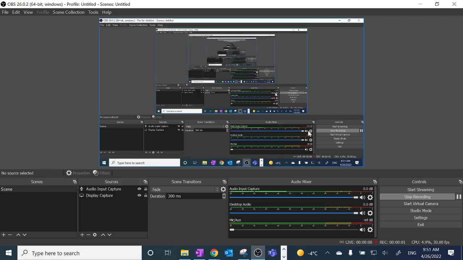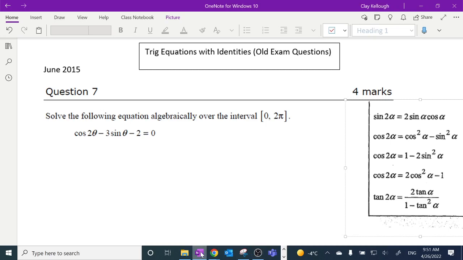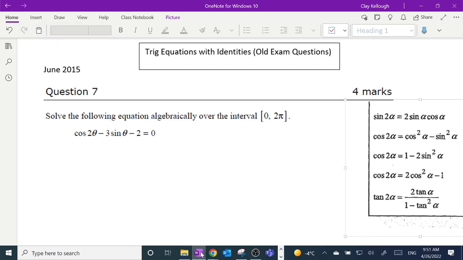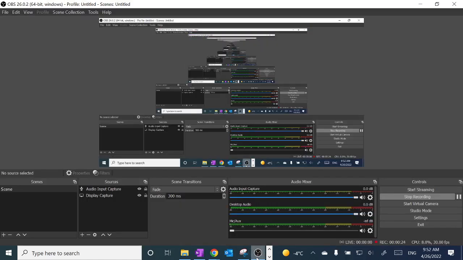All right, there we go. Are we recording? We are recording. So I am going to do three, I think I copied three examples here to kind of help. No, we're still recording.